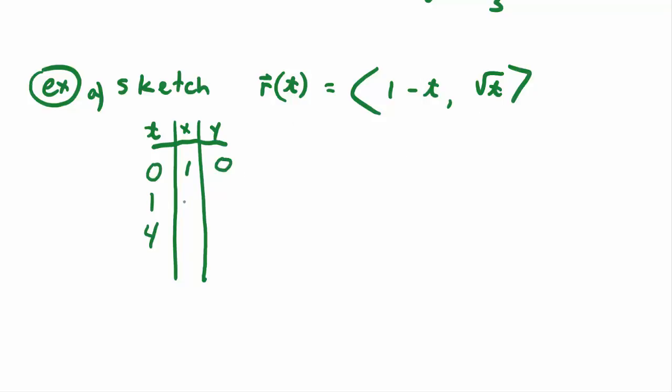What about when we plug in 1? Oh, whoops, I meant to put the 1 there and the 0 there. When we plug in 1, we get 0 here, and square root of 1 is 1. When we plug in 4, -3 and 2. All right. I think that'll be enough to get a general idea of what this graph looks like.